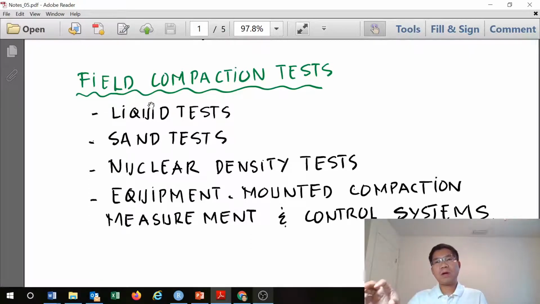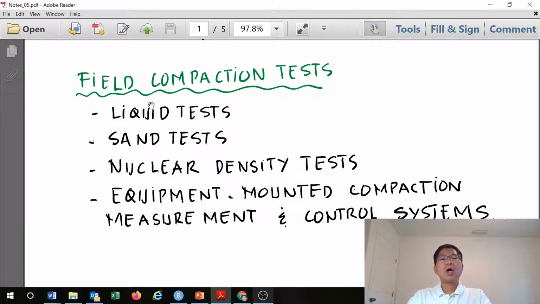Then in the lab, we measure the dry weight after the water is out, divided by the volume. With the liquid, we can determine the dry density and compare it with the specification, such as 90% of the standard Proctor test or 95% of the modified Proctor test.